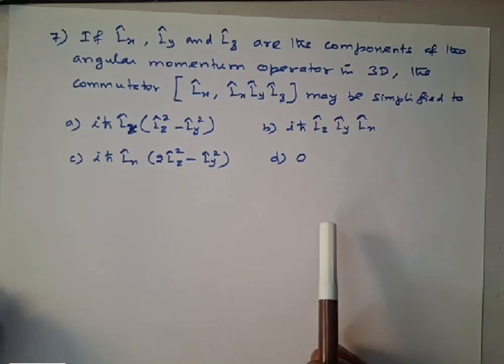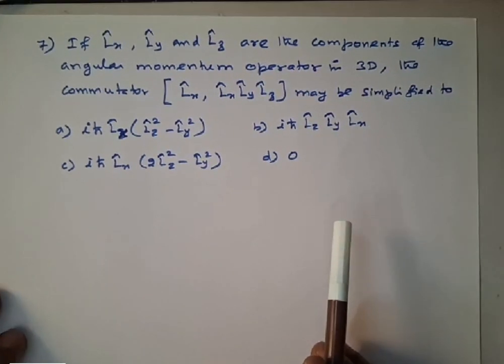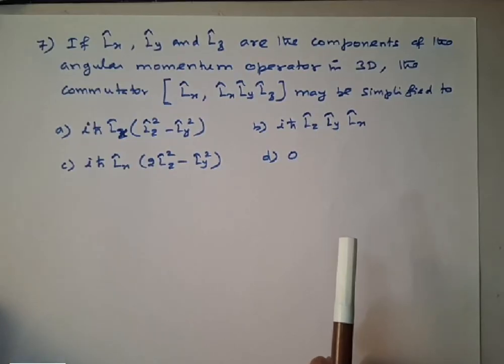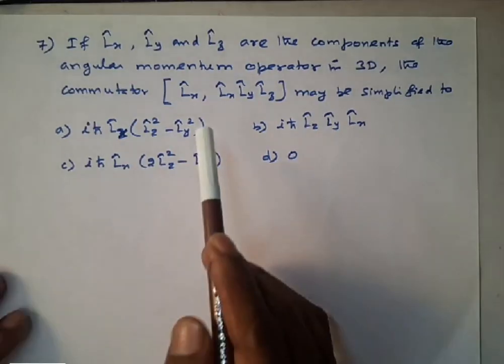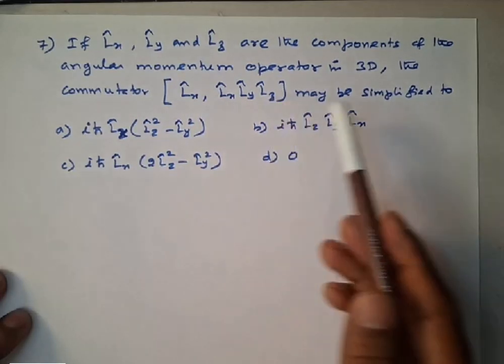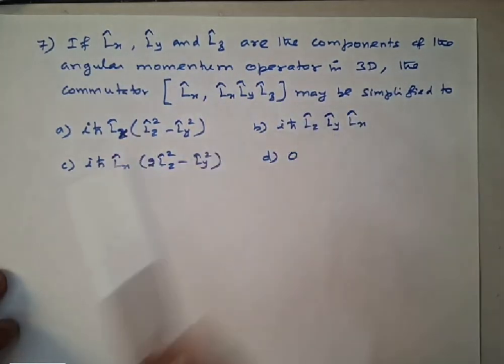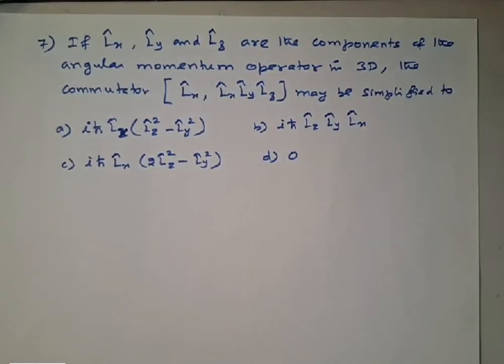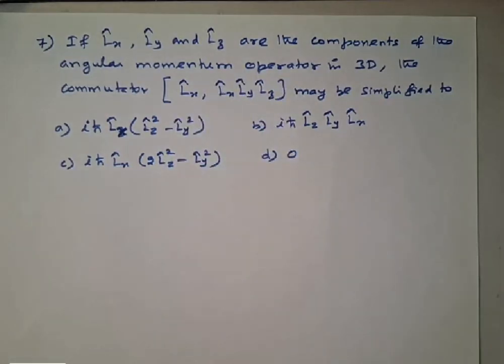If Lx, Ly, Lz are the components of the angular momentum operator in 3 dimensions, the commutator Lx, Lx into Ly into Lz may be simplified to. So components of angular momentum are given.